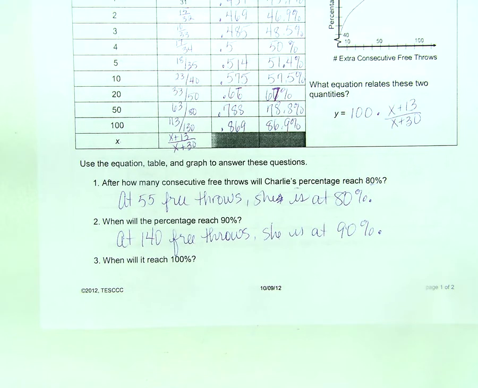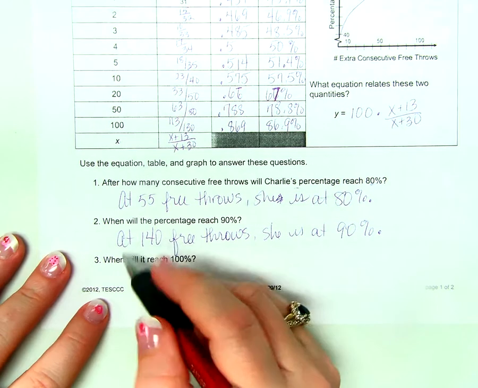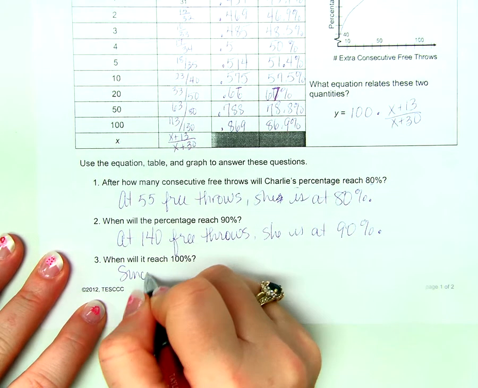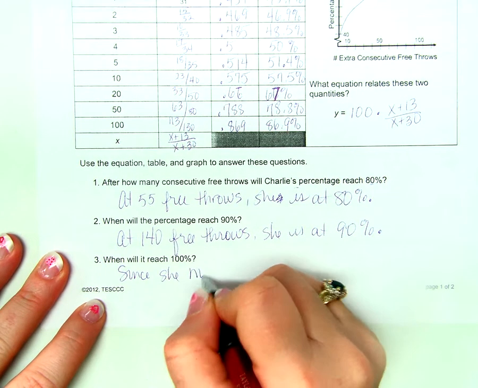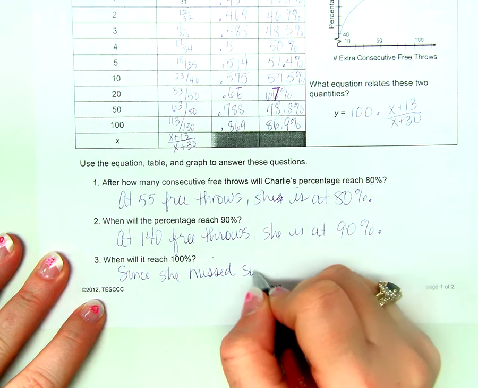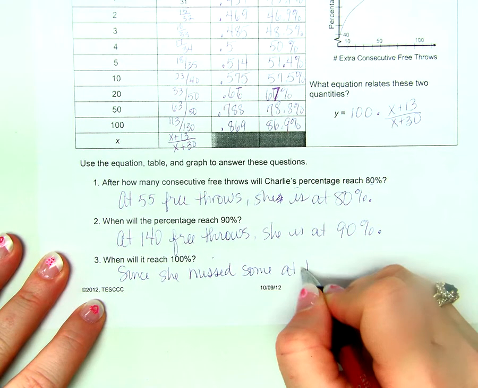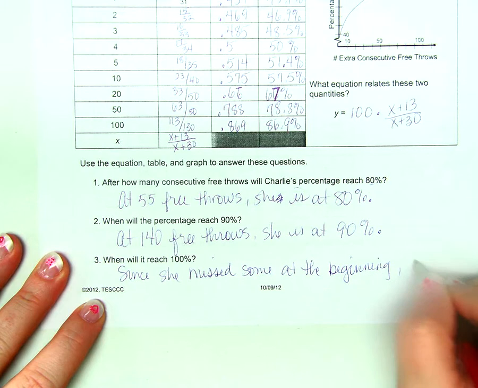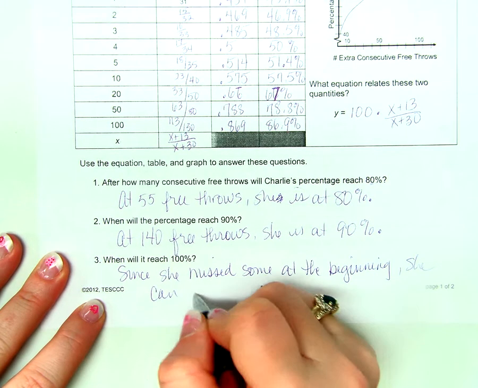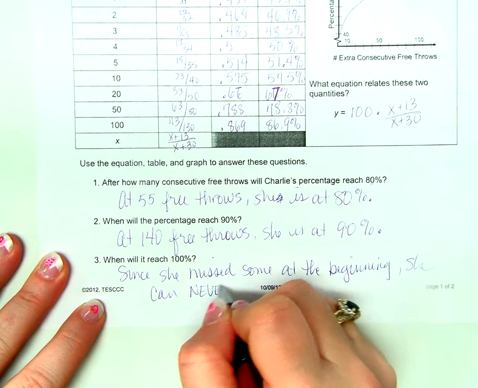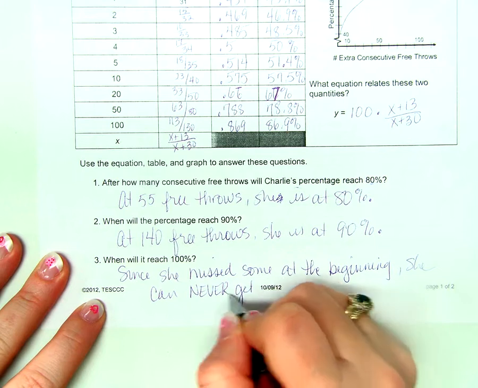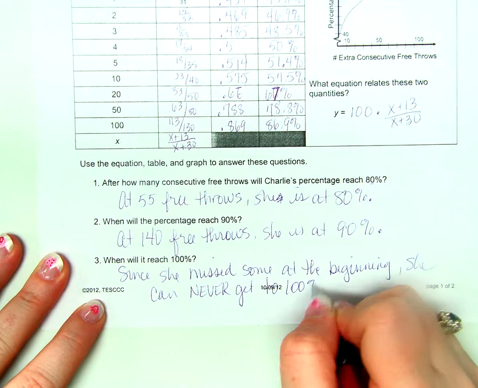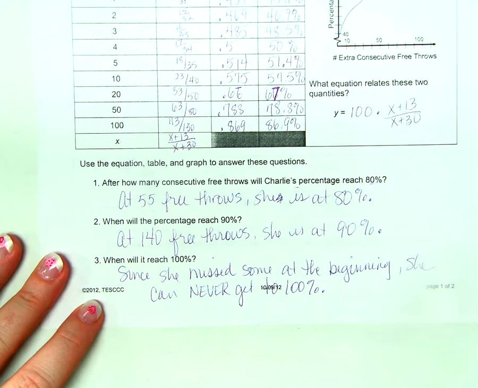We're smarter than the calculators, though, and we know that since she missed some at the beginning, she can never get to 100%. Okay? Any questions about that?